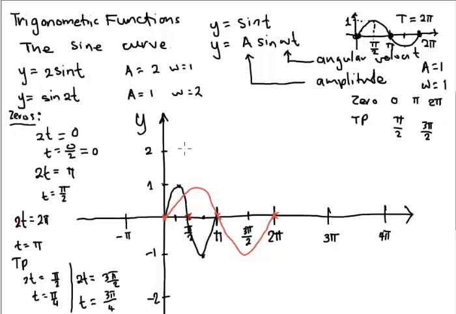This kind of discussion I'm doing here, you can do it when you've only changed the angular velocity, or we'll see later that we can do it also when we've changed the phase, when we do a horizontal shift of some kind to the left or to the right. We do exactly the same analysis: the zeros and the turning points.